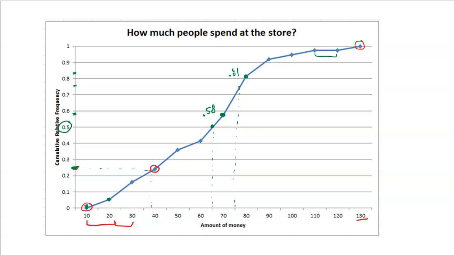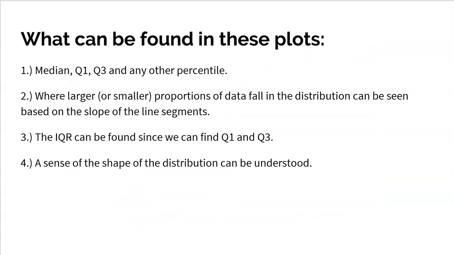There was 0% change. From 110 to 120 there was no change in the percentile, which means that nobody fell into that bin. So nobody surveyed spent between $110 and $120. Okay, so we get a real nice feel for, not necessarily how many people, but what proportion of people fall into each range or interval there.